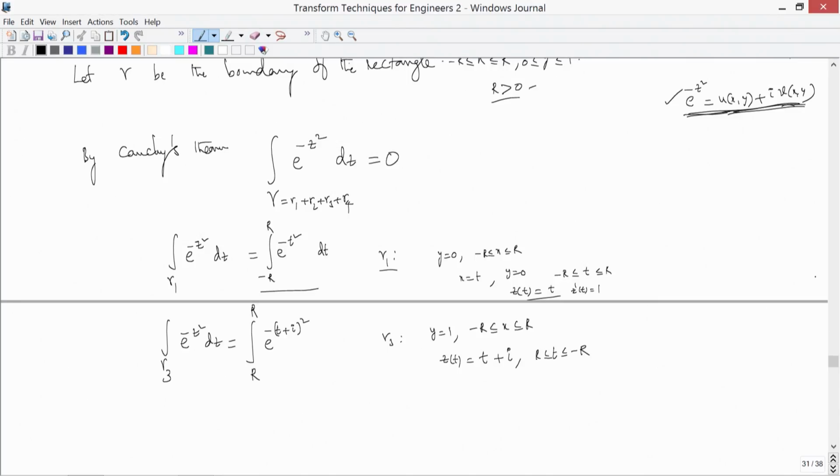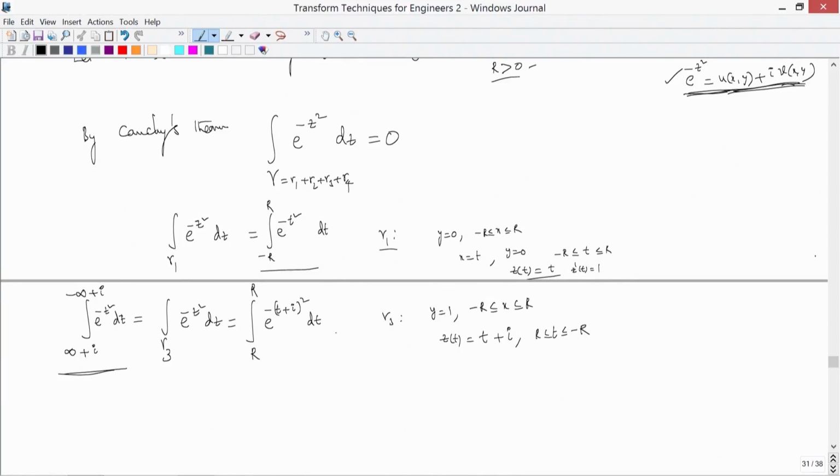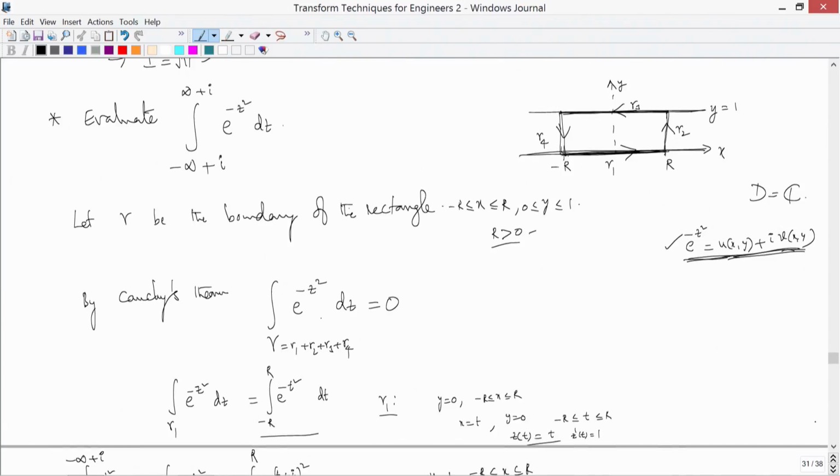So, that is dt. This is actually what you want. Actually, this is nothing but, you can also see that this is also the integral of e power minus z square dz from minus infinity plus I to plus infinity plus I. Both are same. So, this is exactly what you want to evaluate. Okay. So, this is what that piece is, over this piece.